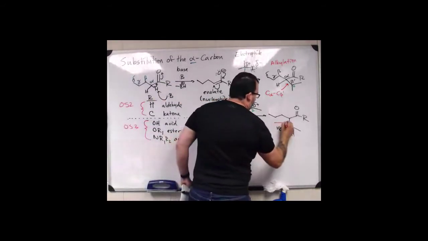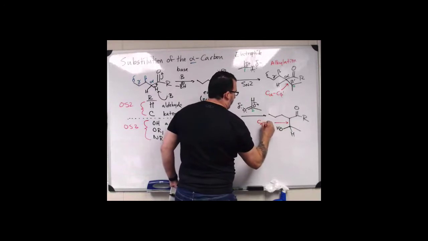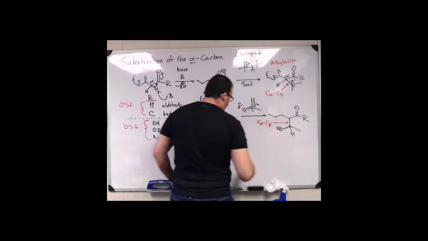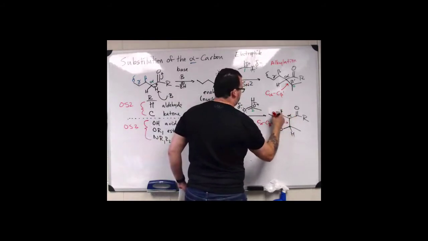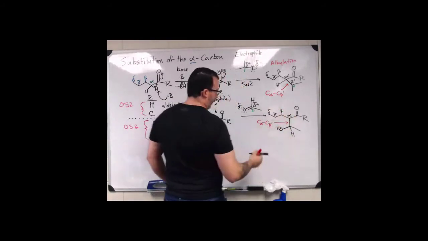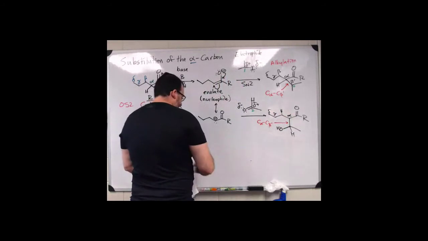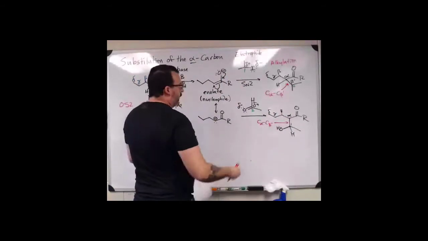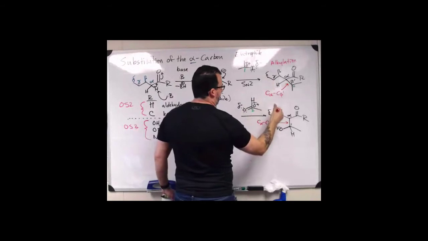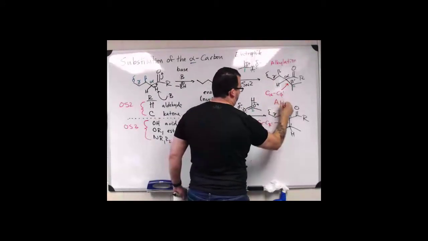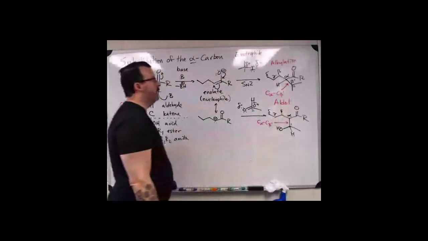And here's our new bond, C alpha, C beta prime. The reduction has occurred from 2 to 1. The name of this reaction up here, again, that was alkylation. This has a different name, called an aldol reaction.